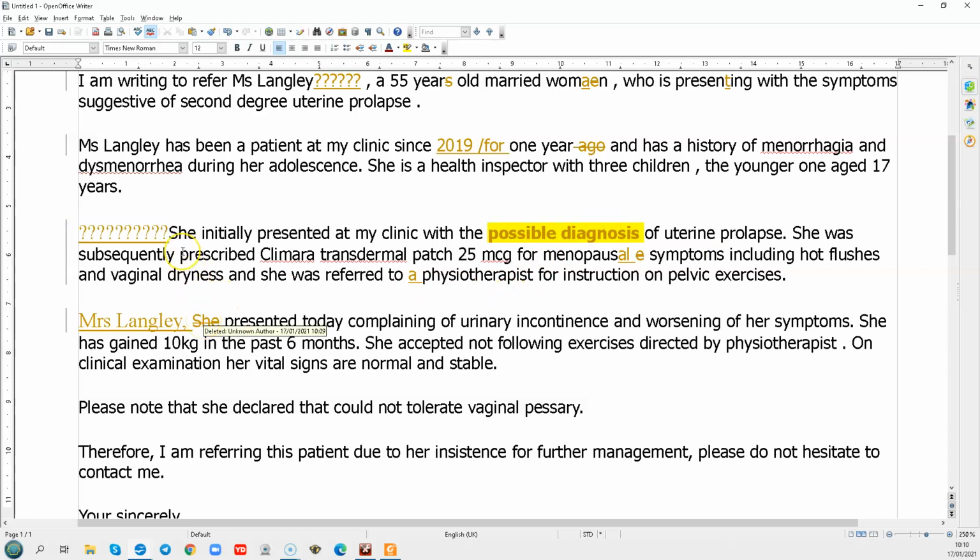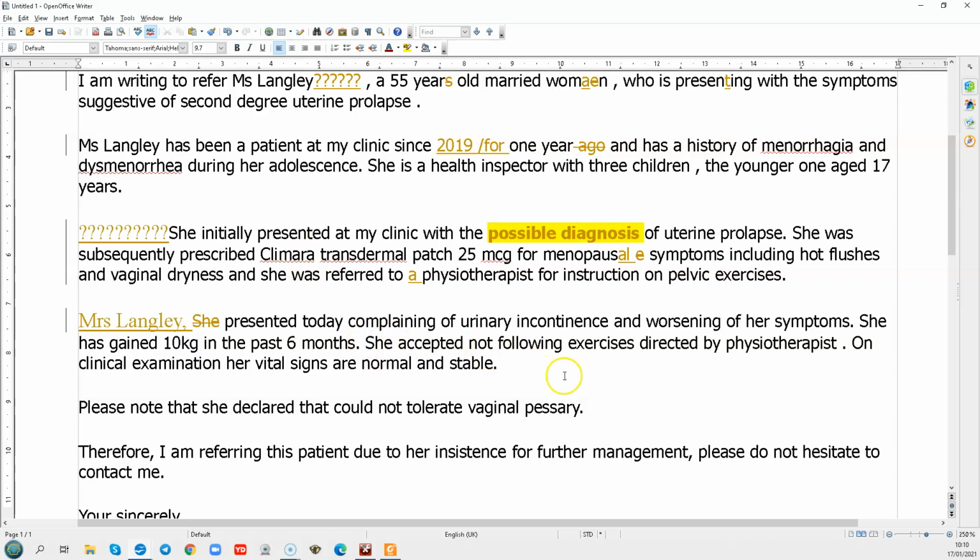So no idea of the time between this visit and the visit of today. 10 kilogram weight gain in past 6 months. But again, is it 6 months since she came and she's gained it over that time, or has she been gaining weight for some time? I'm not sure what you mean.